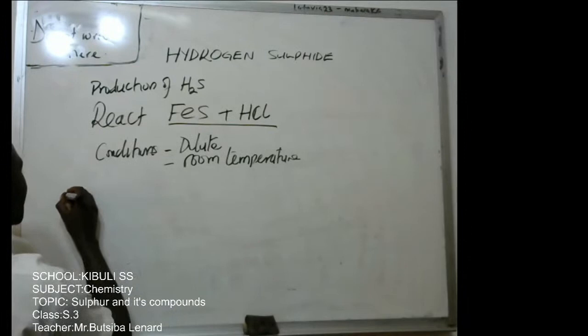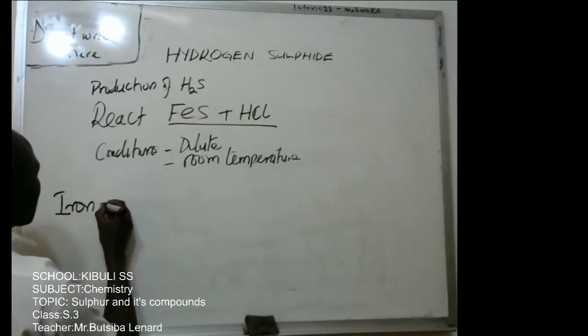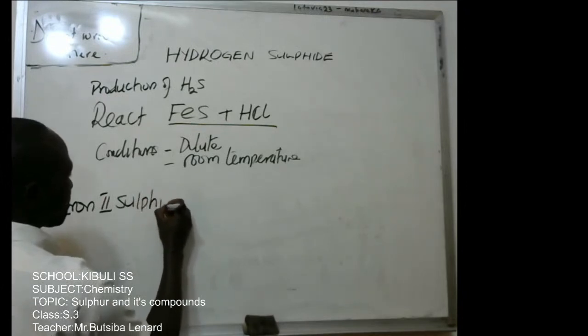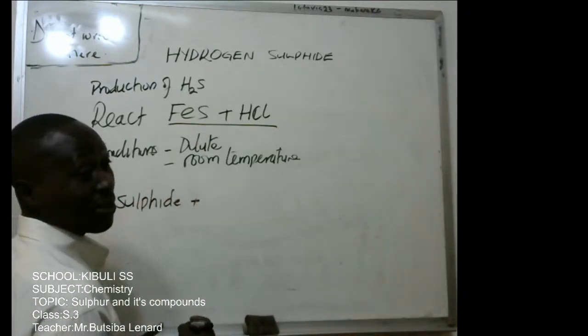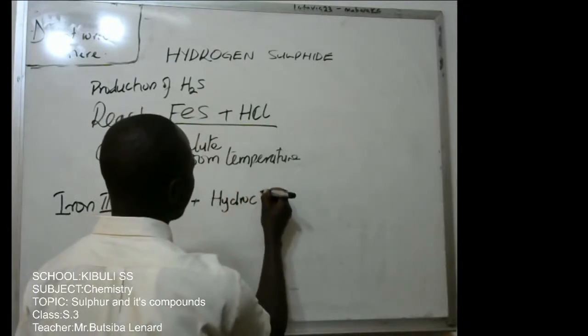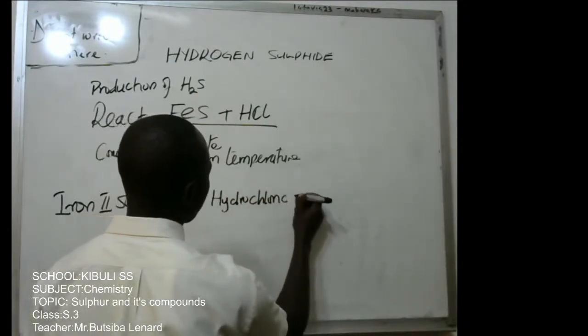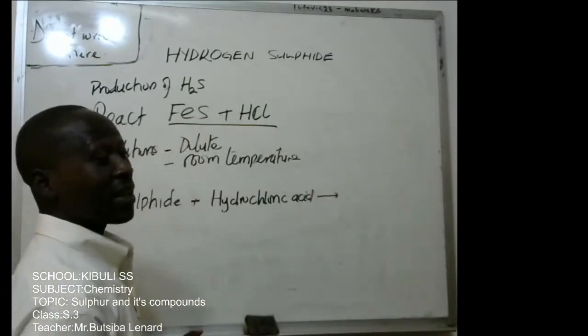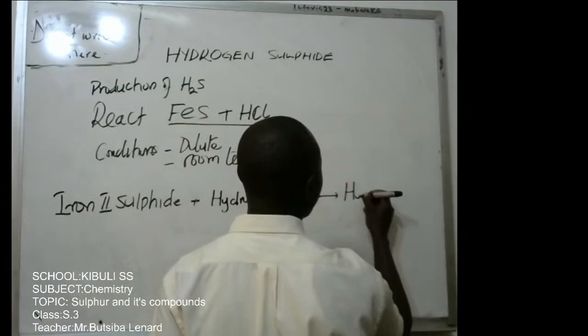So we are saying iron 2 sulfide plus dilute hydrochloric acid. The first thing we are getting is the gas we are looking for, which is hydrogen sulfide.